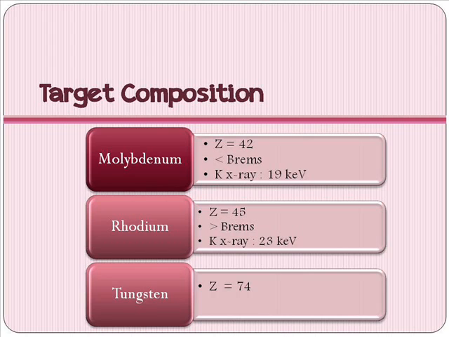As you can see in the slide right now, molybdenum has a Z number of 42. Thus, it will produce low Bremsstrahlung radiation, and the characteristic radiation produced is 19 keV. For rhodium, it has a bit larger Z number, which is 45, and larger Bremsstrahlung radiation than molybdenum, and the characteristic X-ray is also larger.